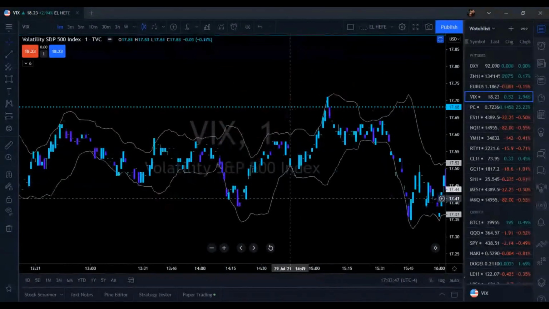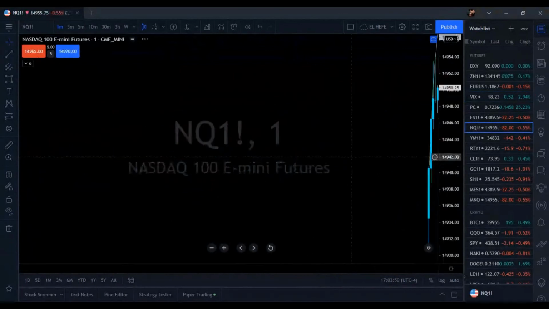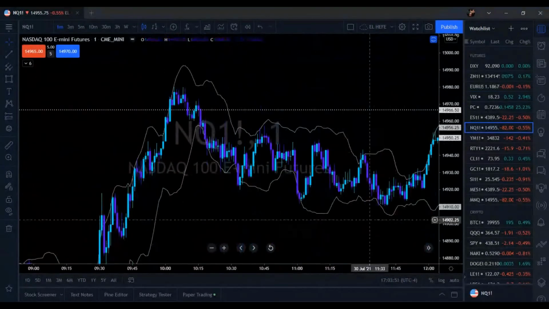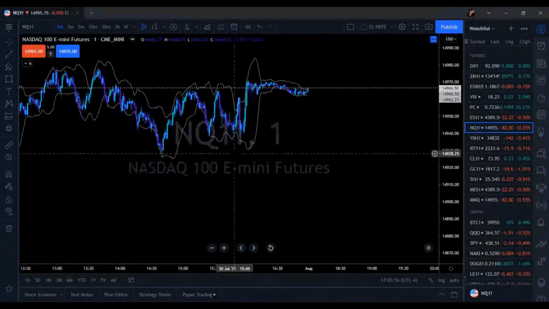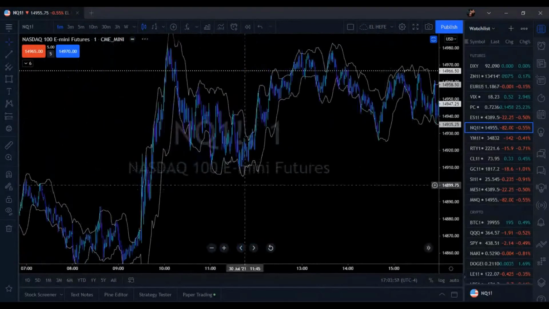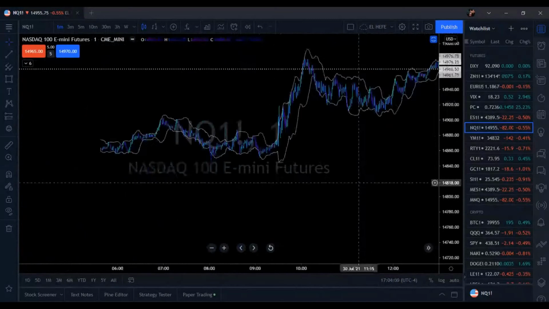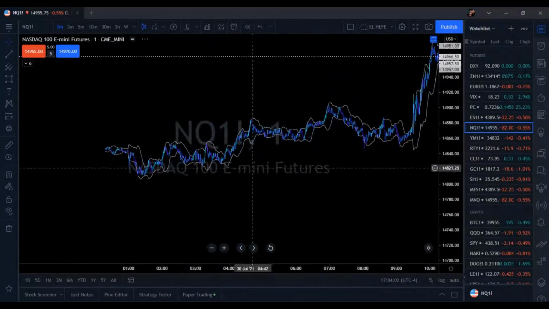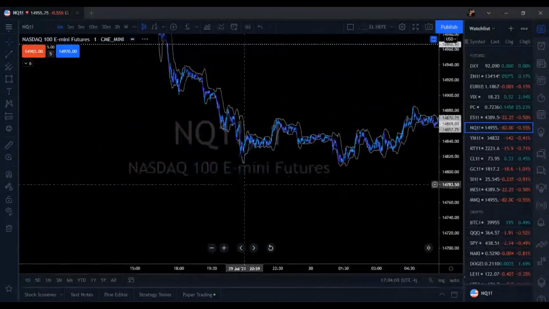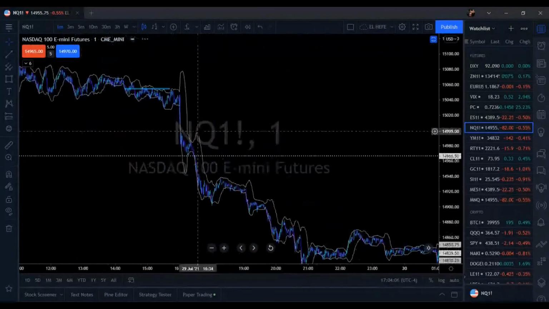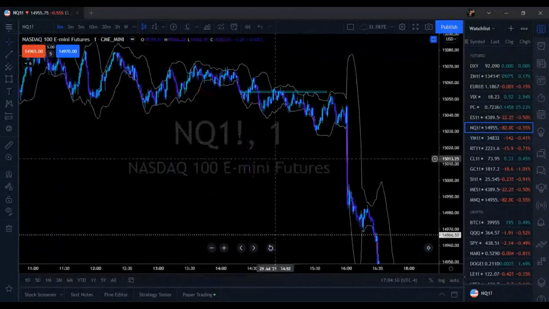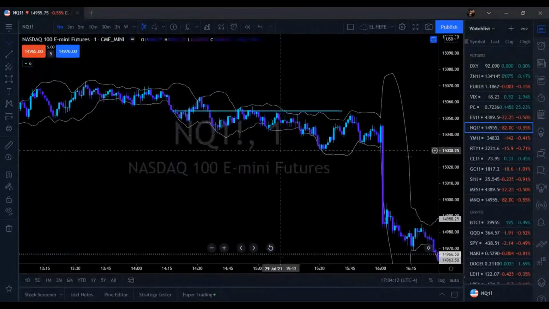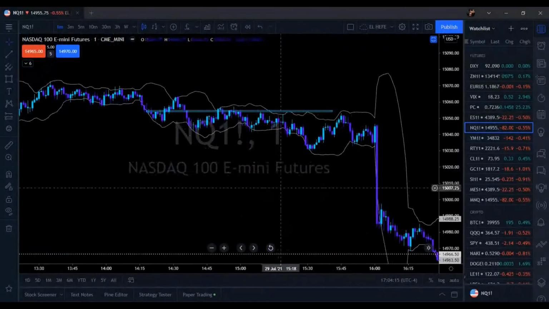Let's see here. This is probably easier doing a 5-minute chart, to be honest with you. Looking at loading all this stuff. So we knew earnings was coming down the pipe, right?